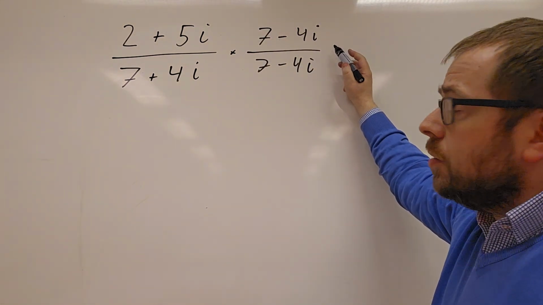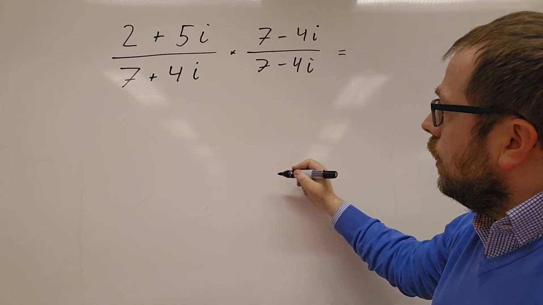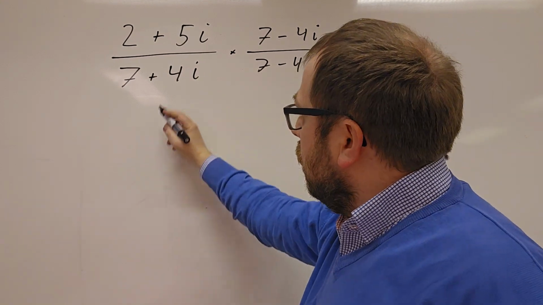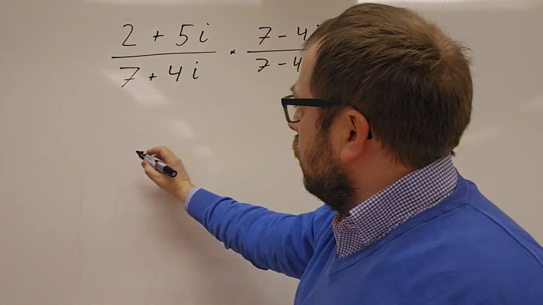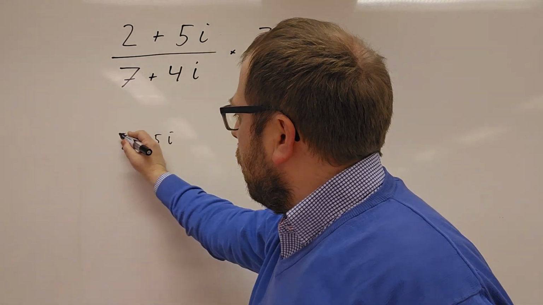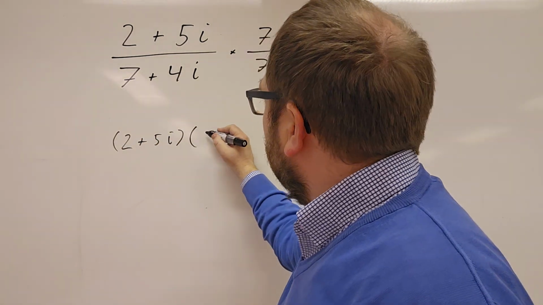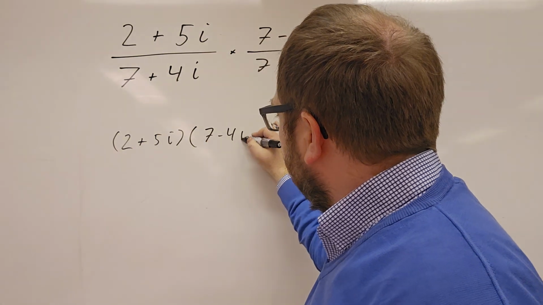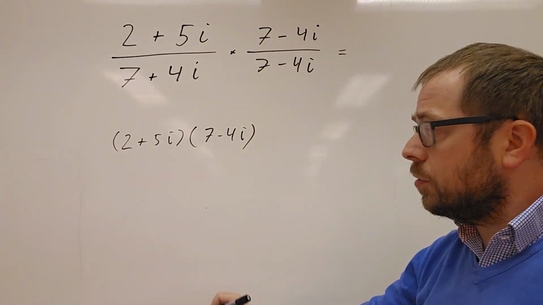Which means that on the numerator, I'll have (2 plus 5i) multiplied by (7 minus 4i), like this.